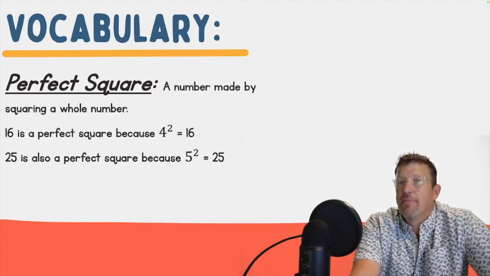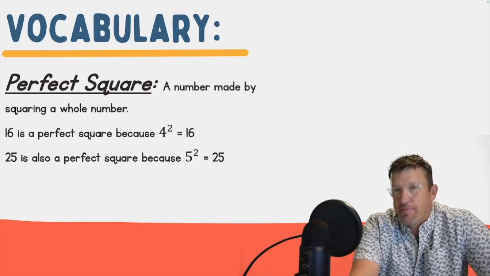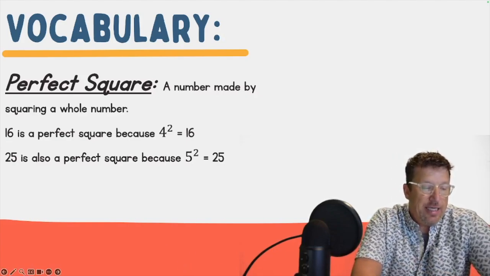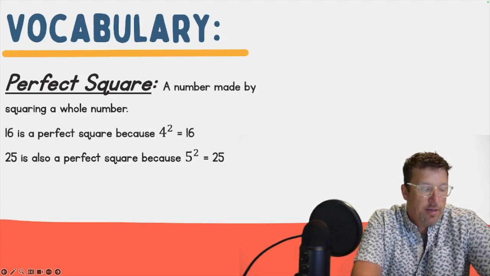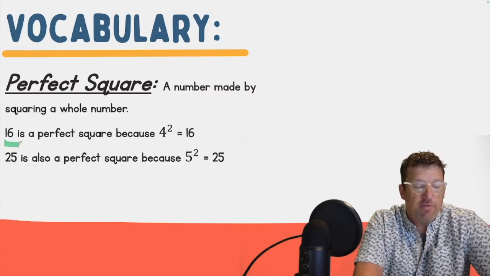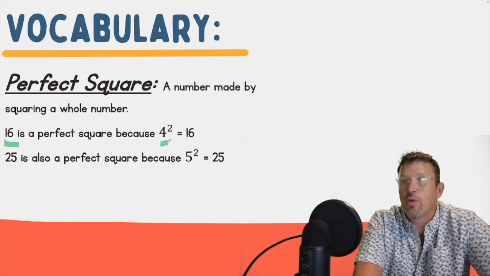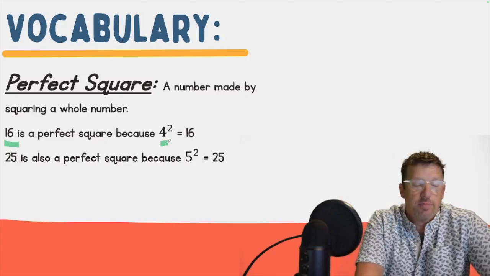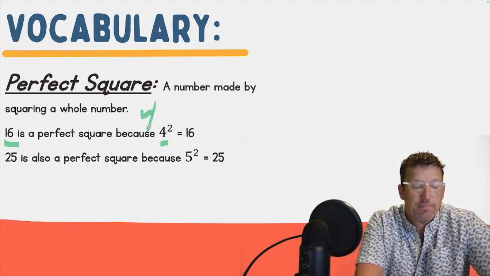This is a number made. We make a perfect square by squaring a whole number. If we look at the examples, we can see that 16 is a perfect square because the number 4, which is a whole number, if we square it, which means putting it to the second power, 4 times 4 equals 16.